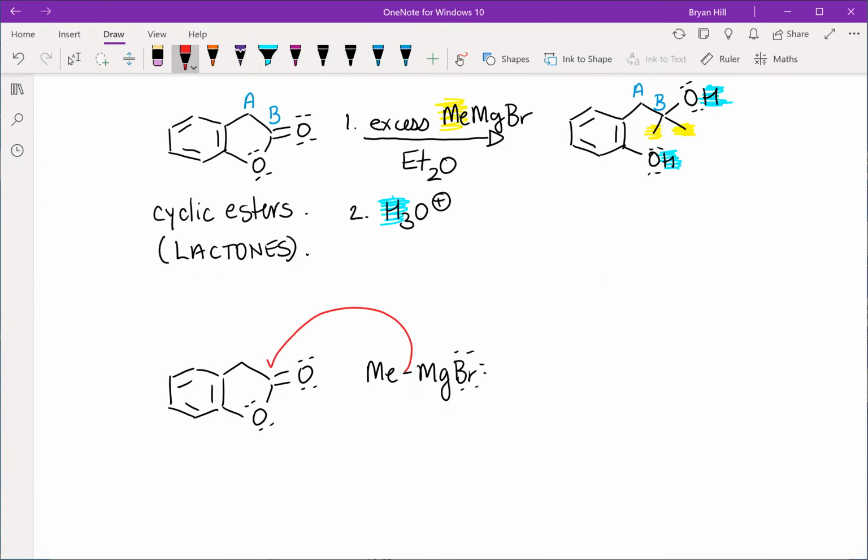These electrons attack here. This is delta minus, this is delta plus, delta minus. And we're going to break the pi bond. So the pi electrons move up onto the oxygen.